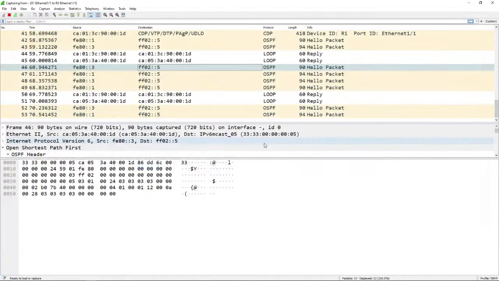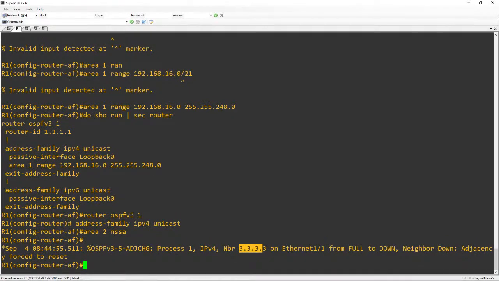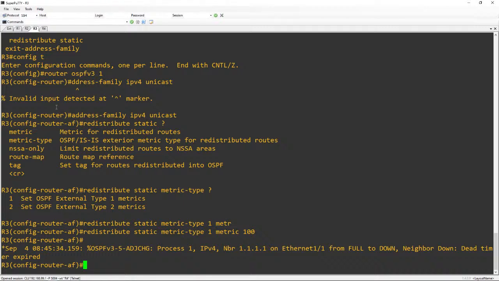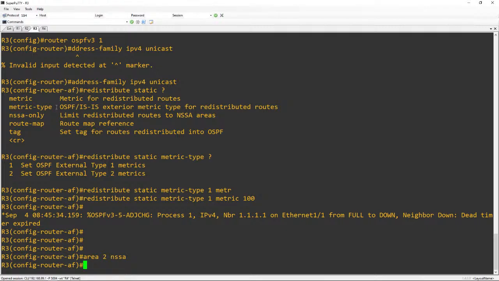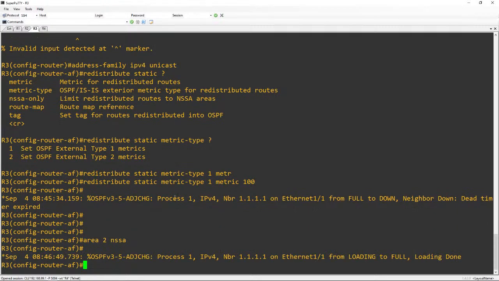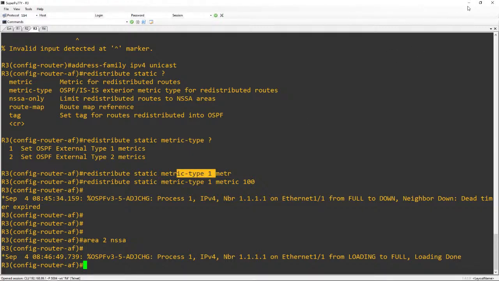So let me go ahead and set that on router 3. I think I'm already in the address family, so let's just do area 2 NSSA. Now we should get our adjacency back, and if I'm looking at my captures still, I should be in the right place, because I was doing the metric type before, redistribution.